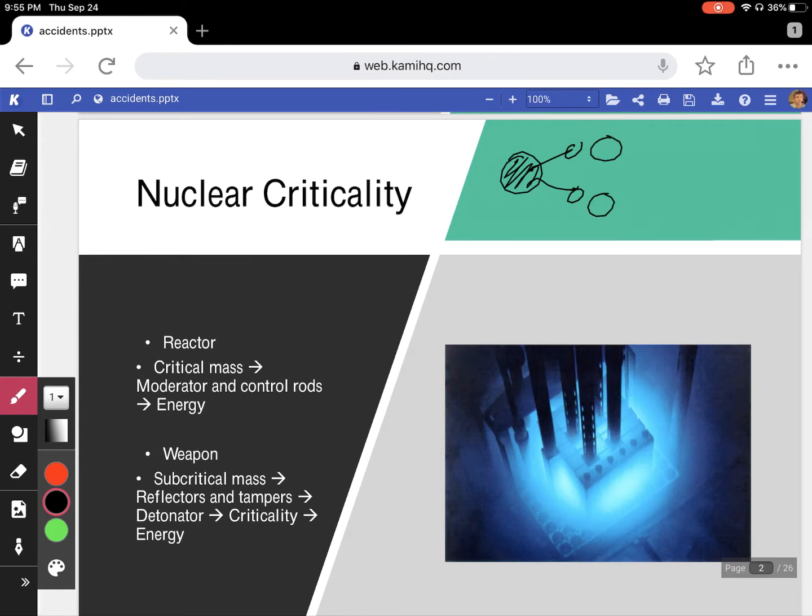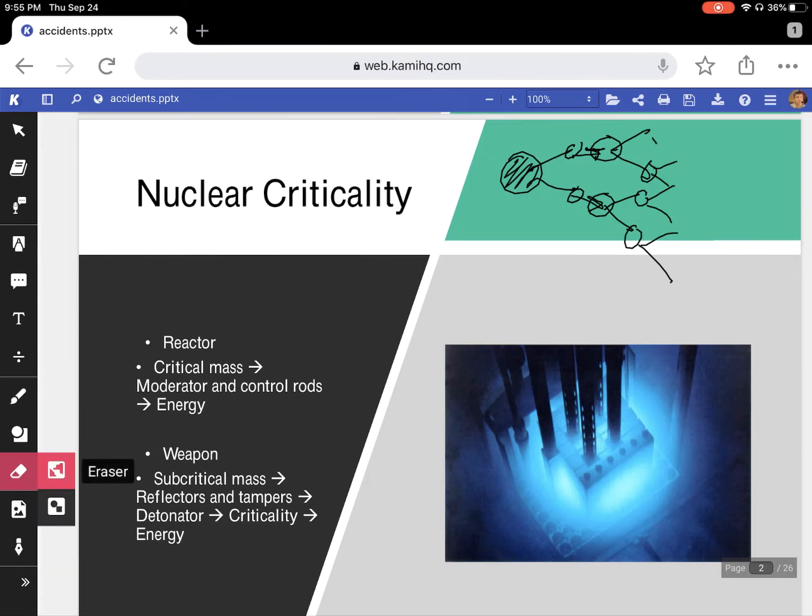If you have other unstable isotopes, those particles are going to collide into them, and they're going to separate. As this process multiplies over time, we call it a chain reaction. Eventually, everything spirals out of control, and this happens in fractions of a second.